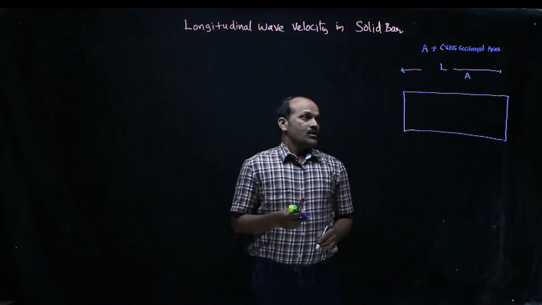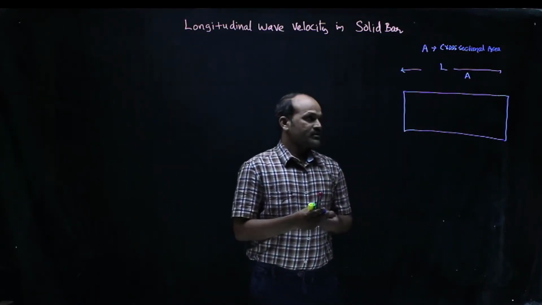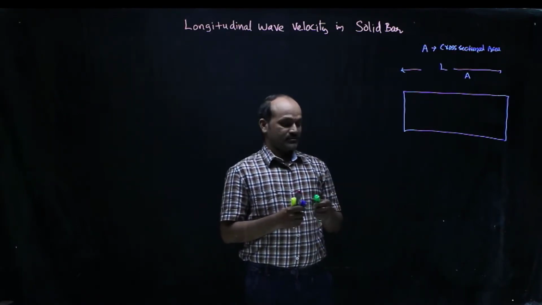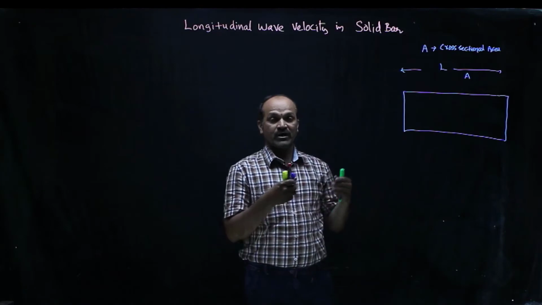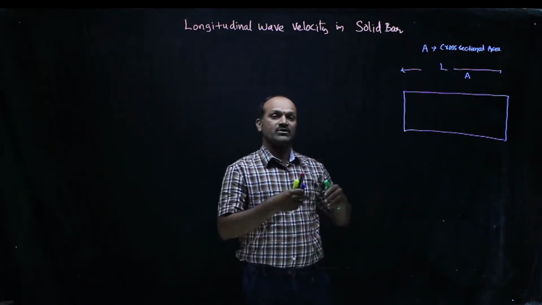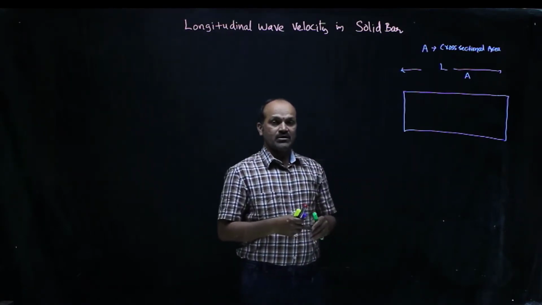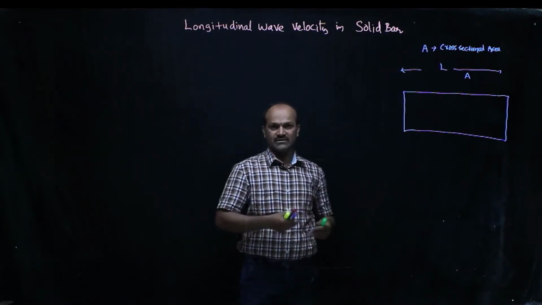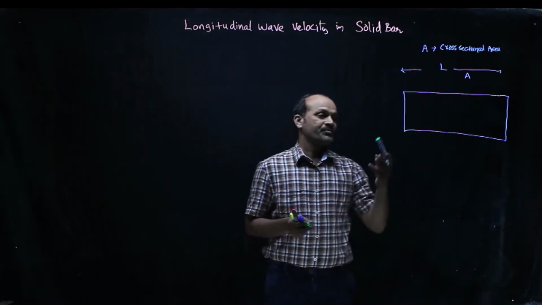As usual, let us take a small element, and when the wave is propagated, what happens to that small element? What is the displacement and how much stress does it experience? All these things we will calculate.